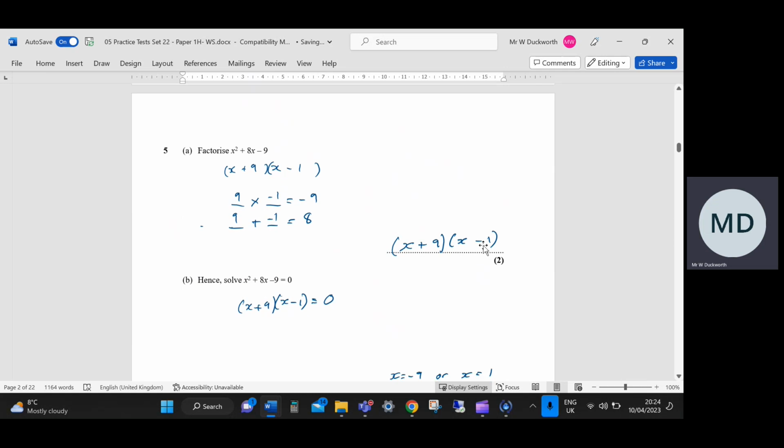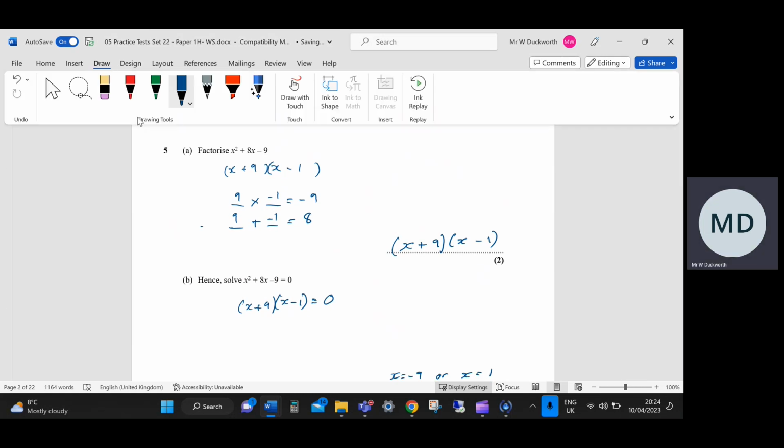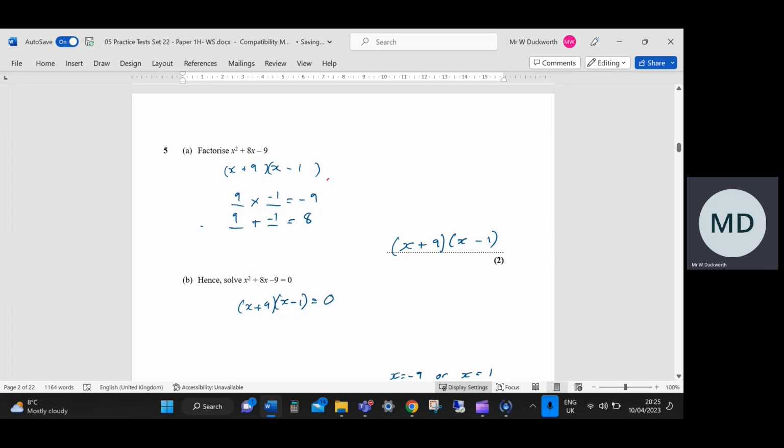Okay, and we'll go to the mark scheme then. So for factorizing, where are we? Sorry, question 5. So we've got whichever method we've used to factorize, and then A1.